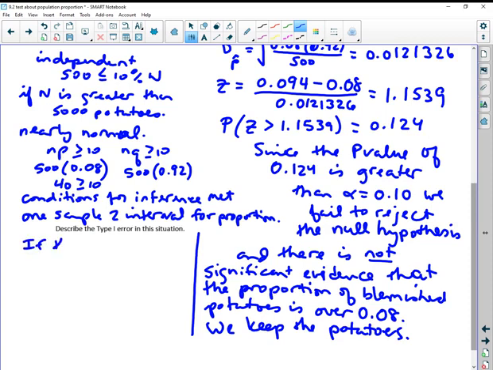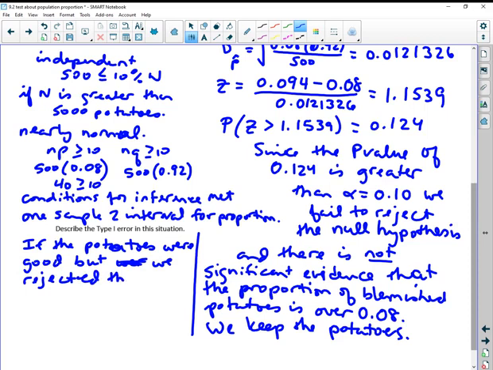If the potatoes were good, but we rejected them, then we would have sent away perfectly good potatoes.